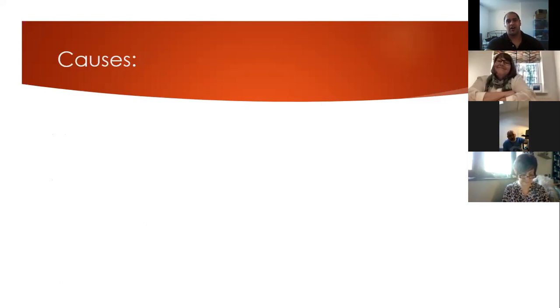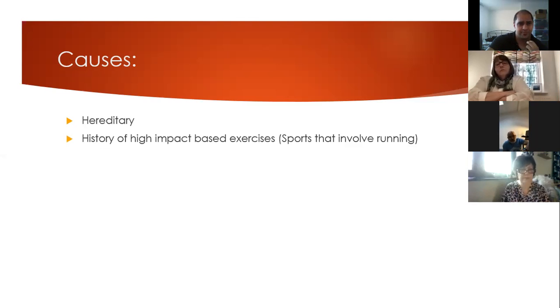Now, the causes of arthritis, they are hereditary. If you have a history of arthritis in your family, there's a high risk you may get it at some stage in your life. Obviously, it's not gospel, but that's the general consensus.